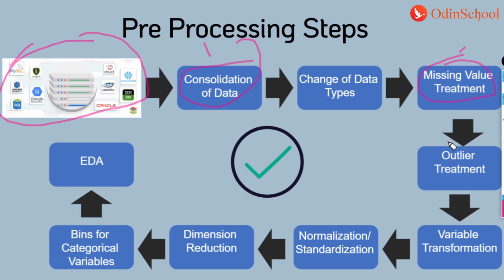Outlier treatment. Outliers are values which just stand out, or are just out of the box. I'm going to cover this in the later part of this session. What is an outlier? Okay, variable transformation. Variable transformation is all about changing the format, for example when data is present in some currencies, or when you're combining this data with other variables.